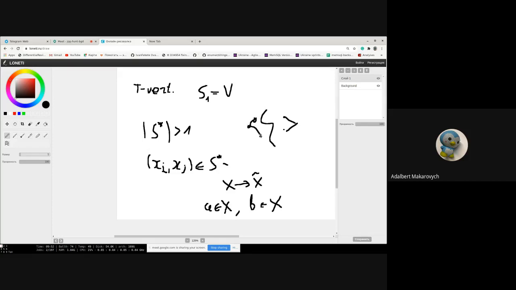Let's say that the new min cut for A and B is the cut from Y to Y tilde. Then the whole X tilde will lie either inside of Y or inside of Y tilde.